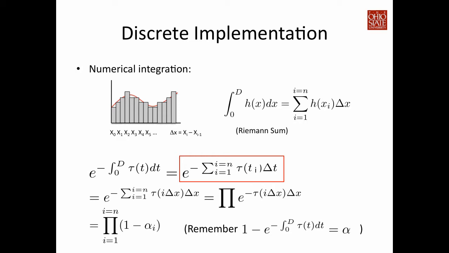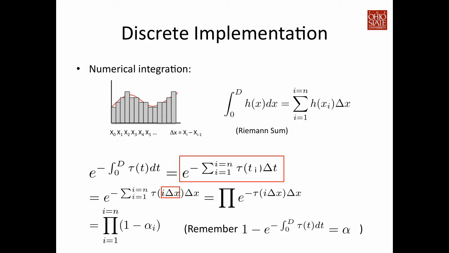Now, because this t or ti is just an incremental advance of the ray, I can simply replace that with an integer i from 1 to n, multiplied by my step size. Here I use the symbol delta x.